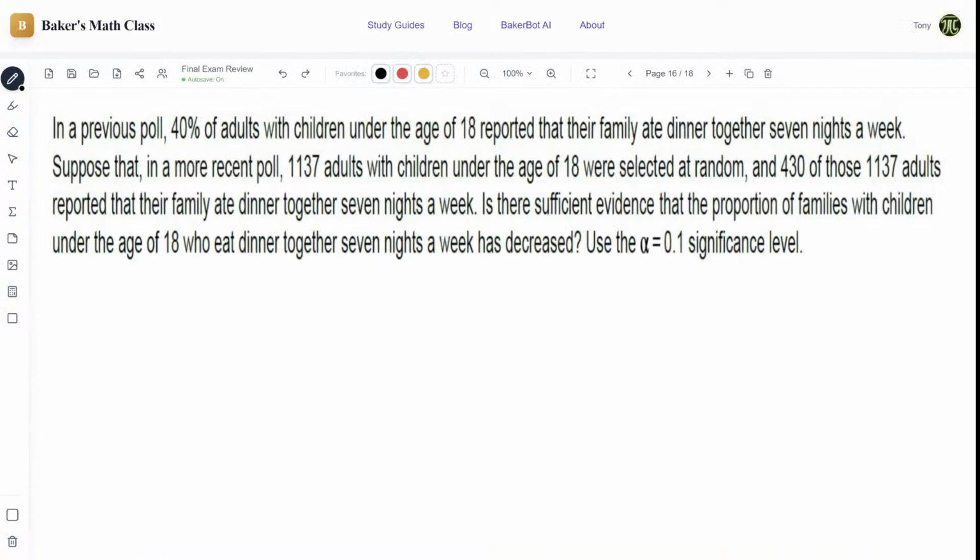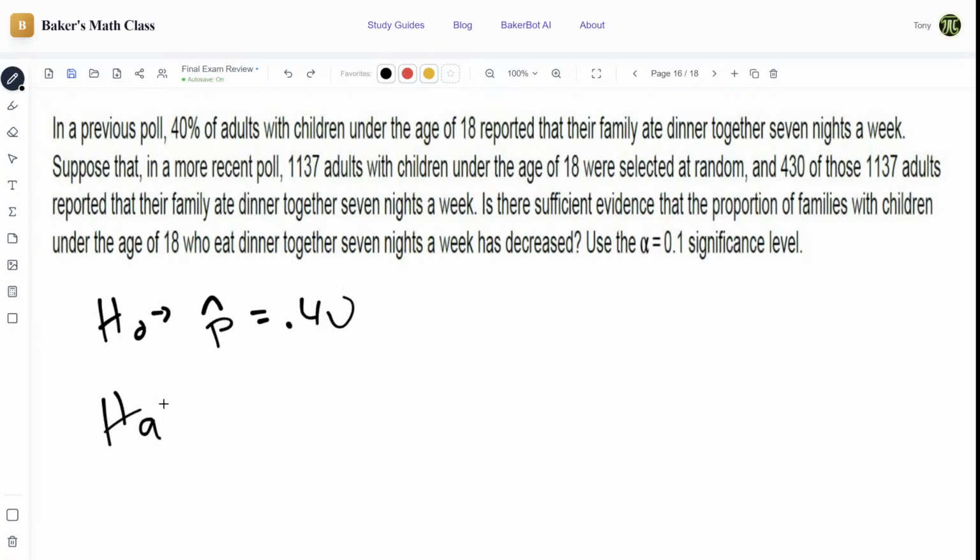So what is my null hypothesis? Yep. And my alternate hypothesis? Yes, because it says decreased.